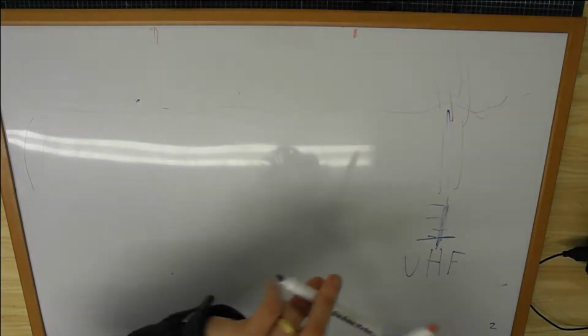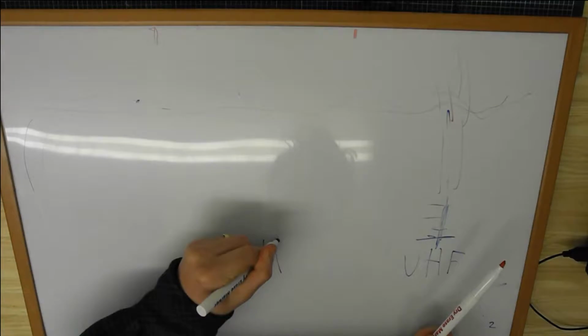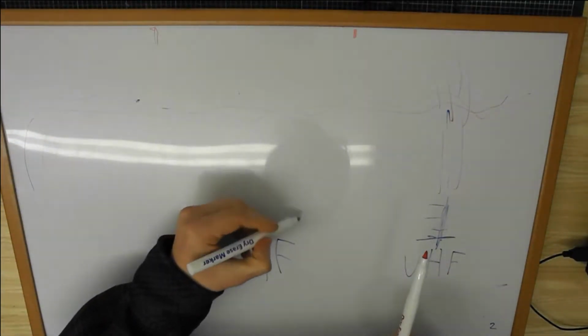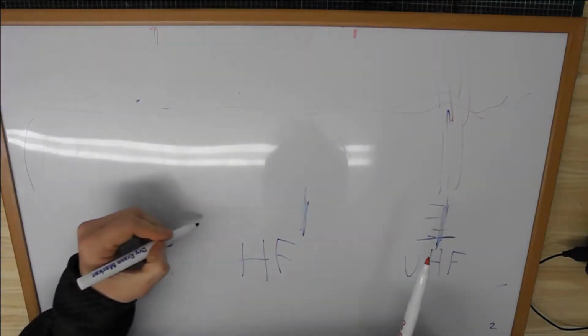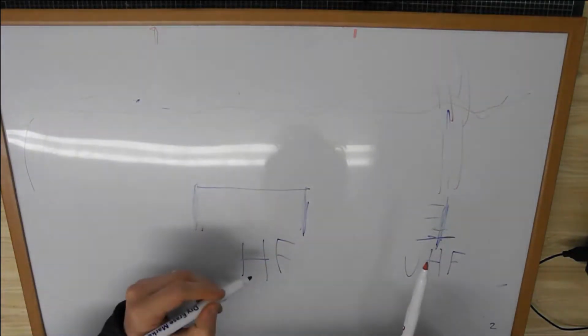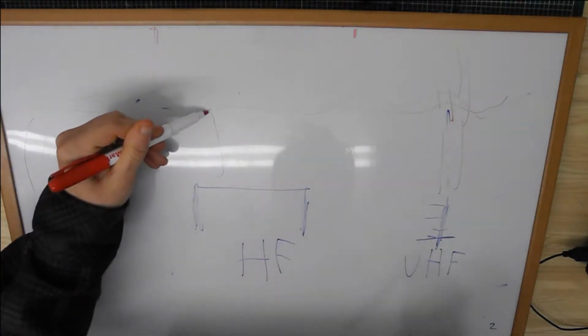Now, if I had an HF, it would need to be a dipole, so I'll talk about what that is in a second, and I sent my signal up, it would actually go up and bounce off.